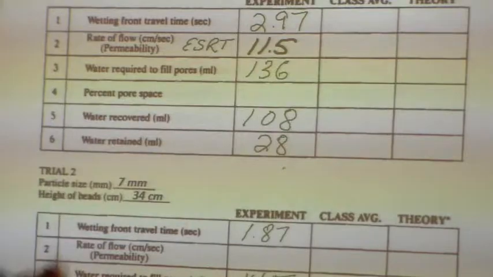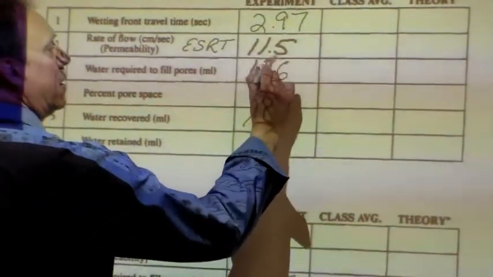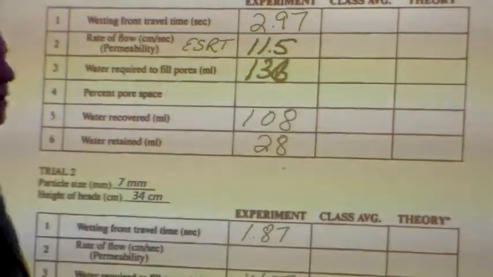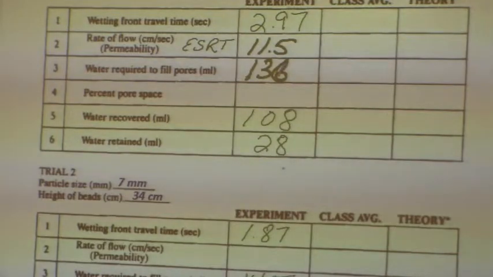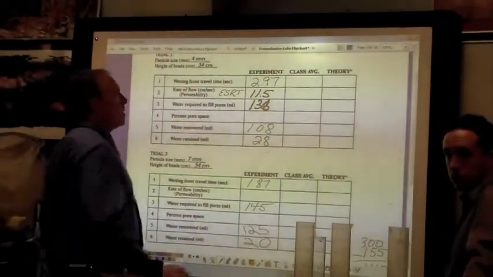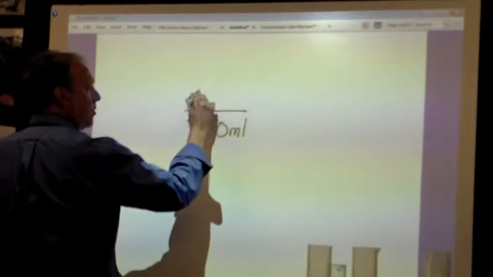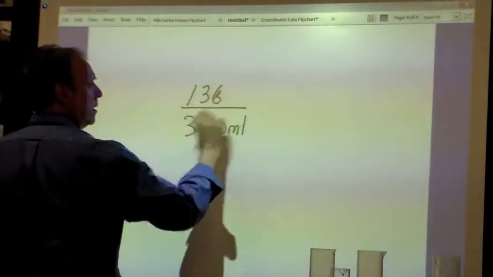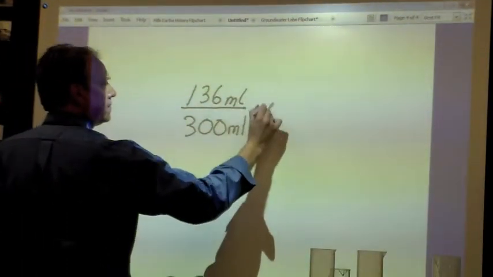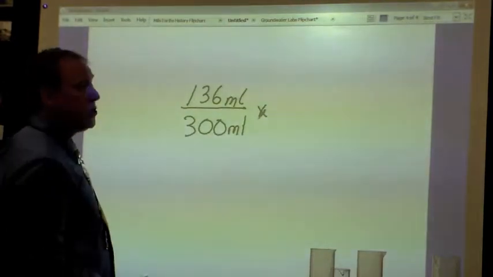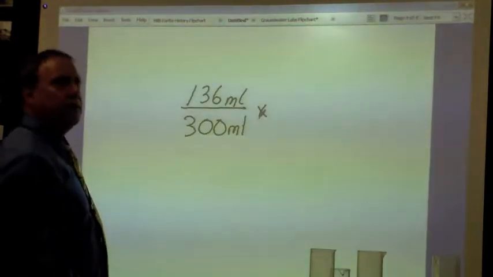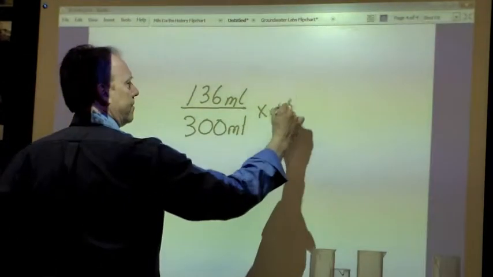So there was 136 milliliters of pore space. And to turn it into a percentage, you always multiply by what? 100.